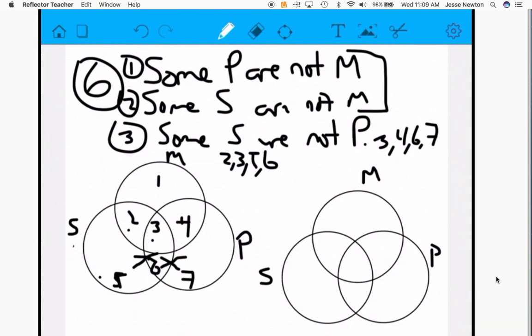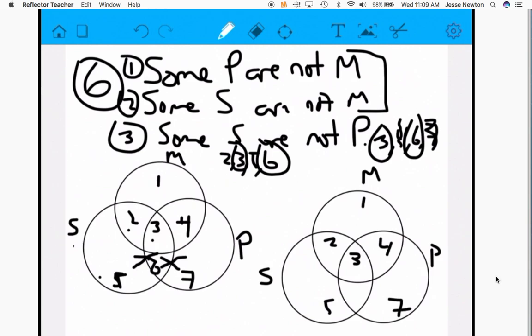All right, and so what we do, as always, is we circle the region of overlap, which is 3 and 6, and 3 and 6. We can scribble out the 4 and scribble out the 7. And we're saying, oh, I forgot to number these. 1, 2, 3, 4, 5, 6, 7.